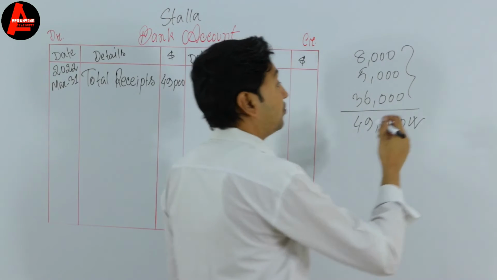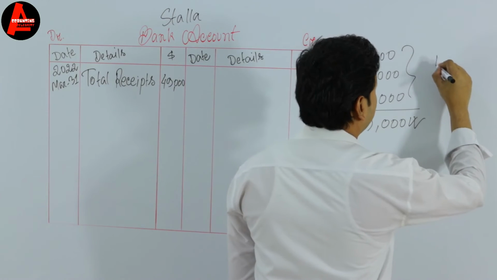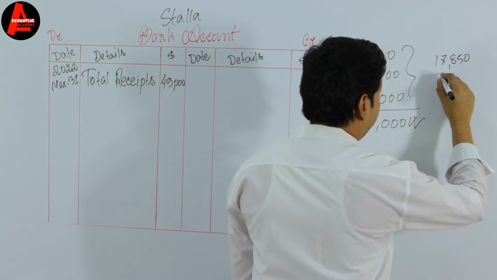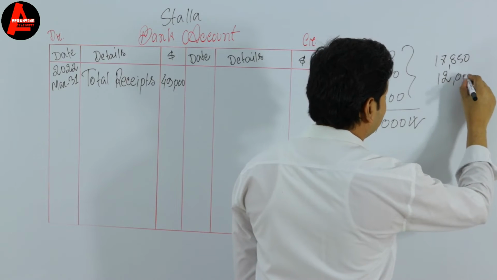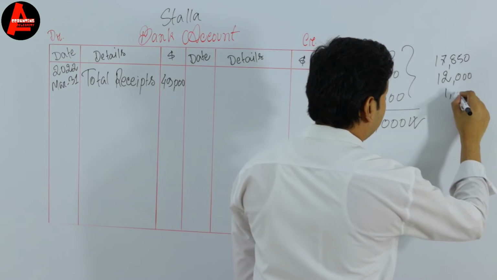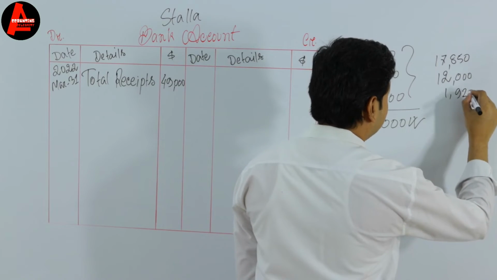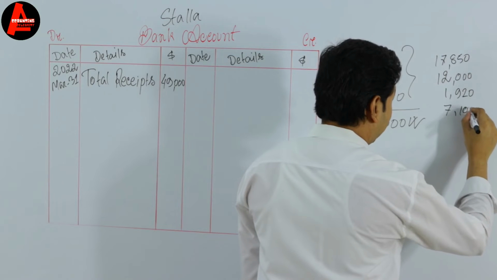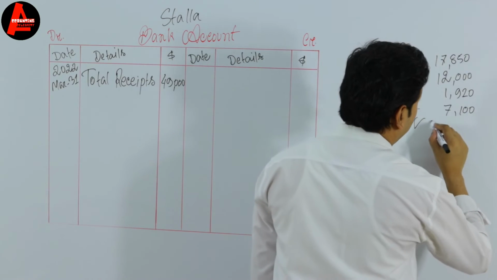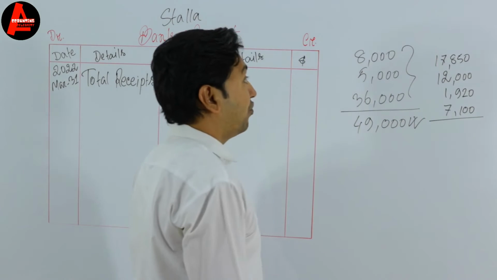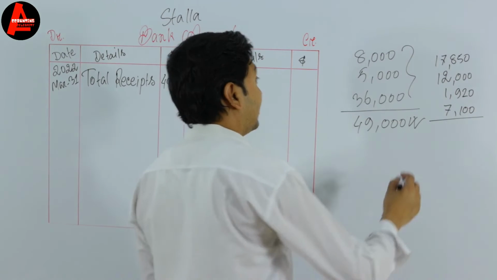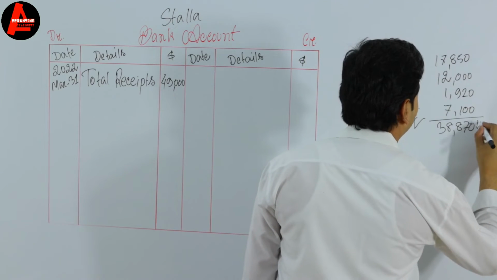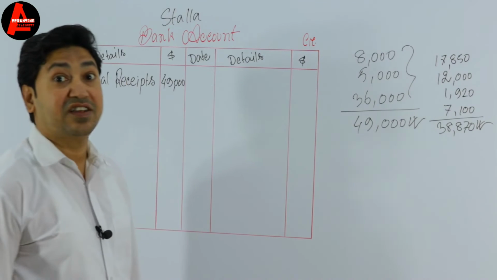We have trade payables $17,850, fixtures $12,000, general expenses $1,920, and rent and insurance $7,100. If we sum up all four items, we get $38,870. This is our payment.